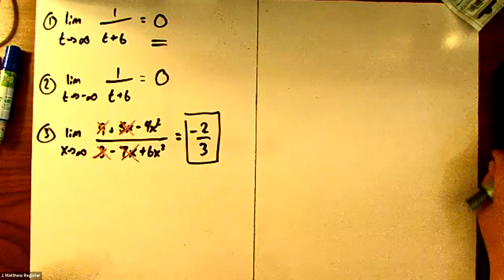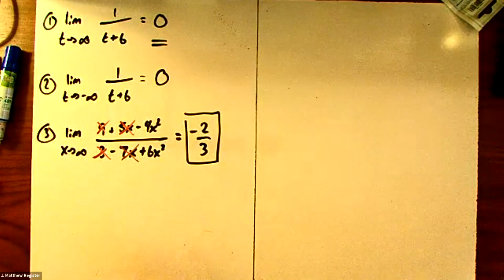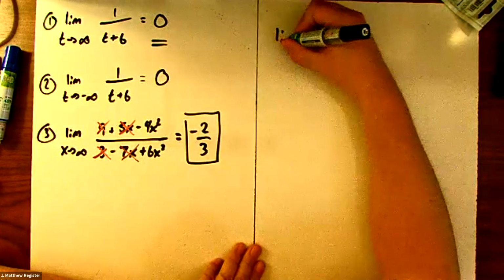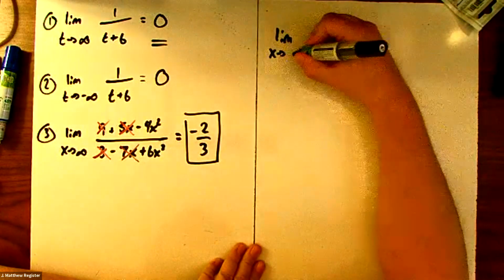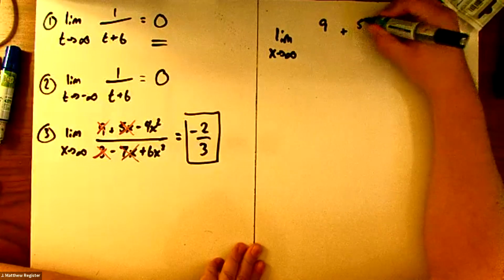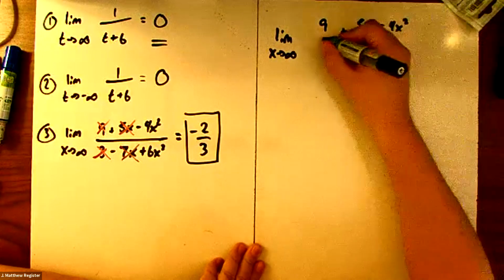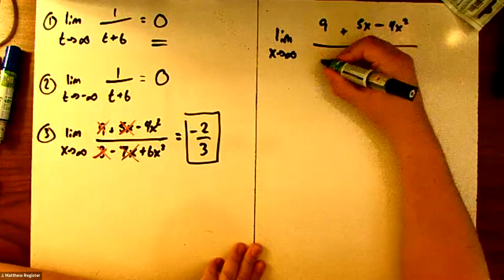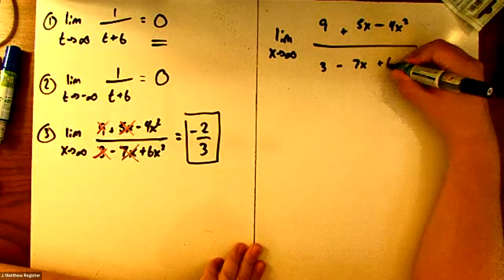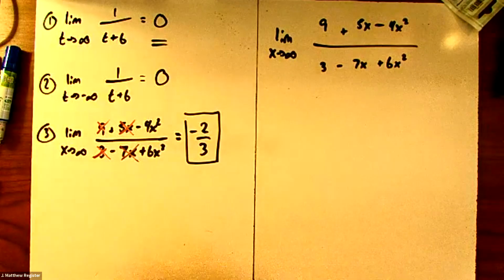There is an algebraic approach for this one. Let's take a look at the algebraic approach. The other way that we could do this, and I'll write it over here, is the limit as x goes to infinity of 9 plus 5x minus 4x squared over 3 minus 7x plus 6x squared. This is the way your book will show you how to do this one.